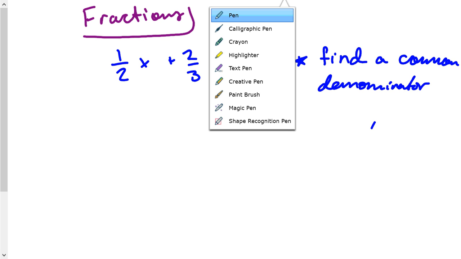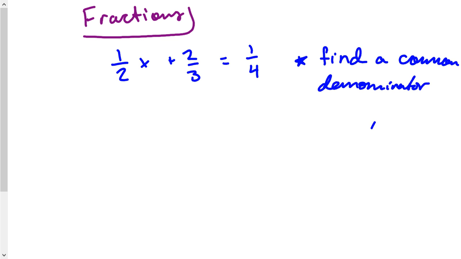Okay, so let's see how this will work. We need to find one between 4, 3, and 2. So I think the lowest common denominator here is 12. So times 6, times 4, times 3.